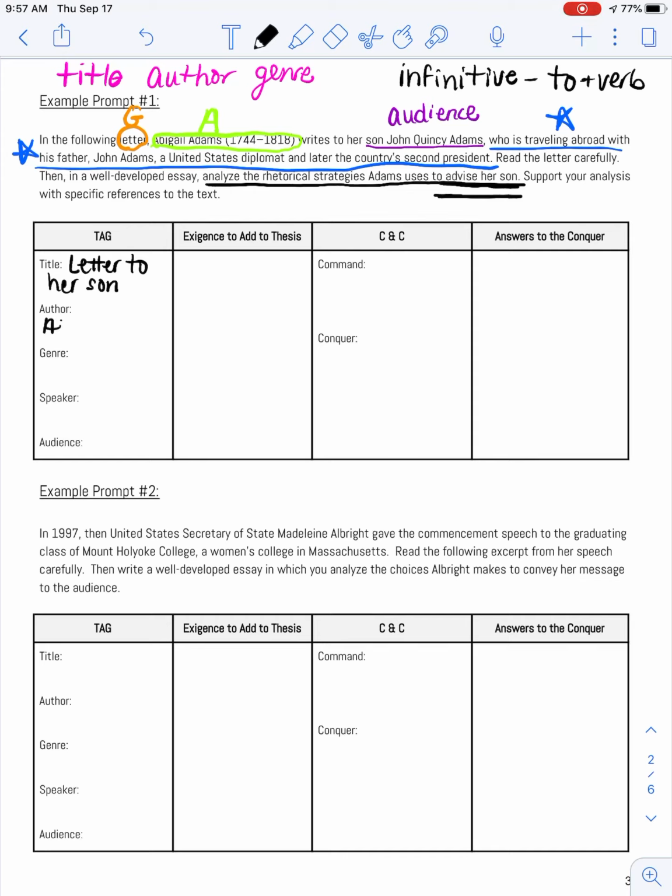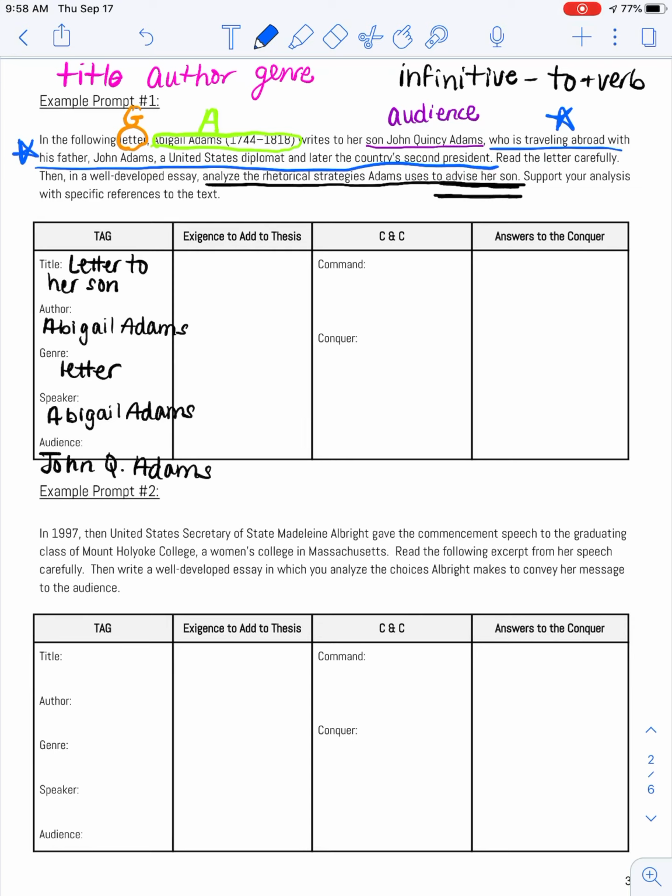Okay, I'm going to fill in my author. We know this. I'm going to fill in my genre. My speaker, sometimes your speaker and your author are different. And of course the audience is John Quincy Adams.